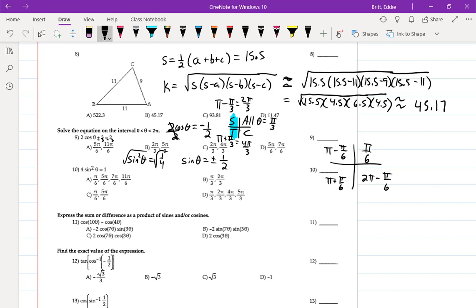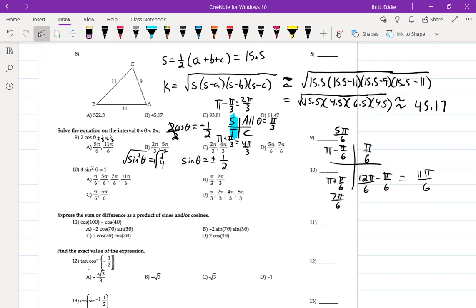So in the second quadrant, that's going to be 5 pi over 6 when you subtract. In the third quadrant, when you add, that's going to be 7 pi over 6. And in the fourth quadrant, when you subtract, that's 11 pi over 6. So your 4 answers are pi over 6, 5 pi over 6, 7 pi over 6, and 11 pi over 6.